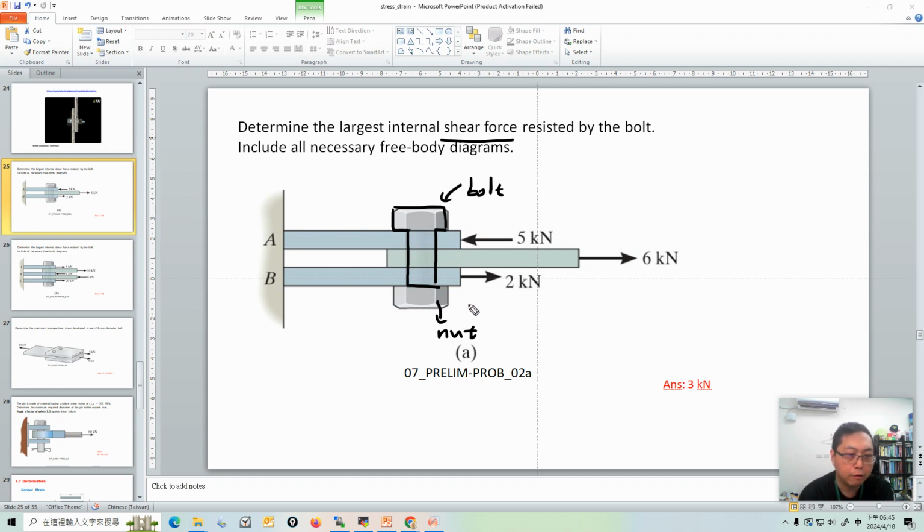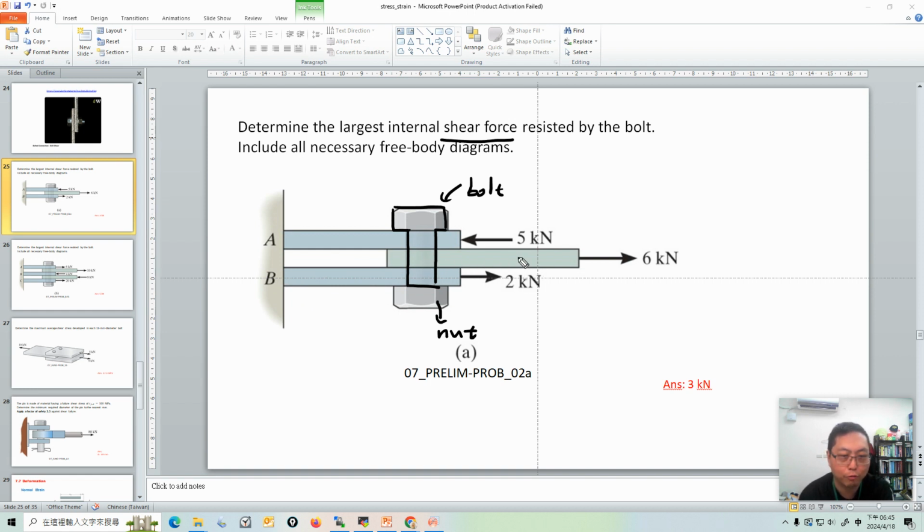For this problem, let's look at the central part again. To analyze the shear force or shear stress in the bolt, I think it's better to analyze from the middle part first.